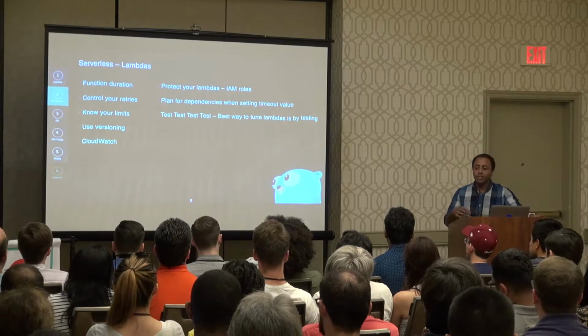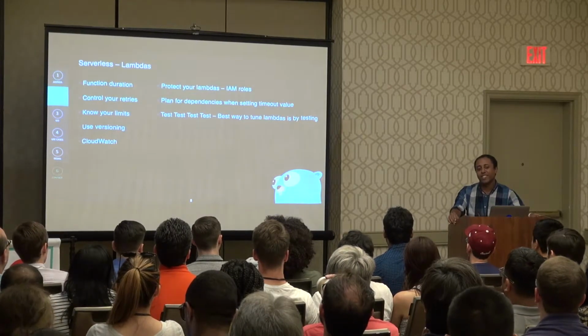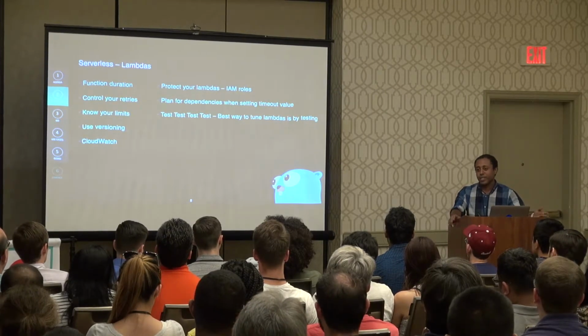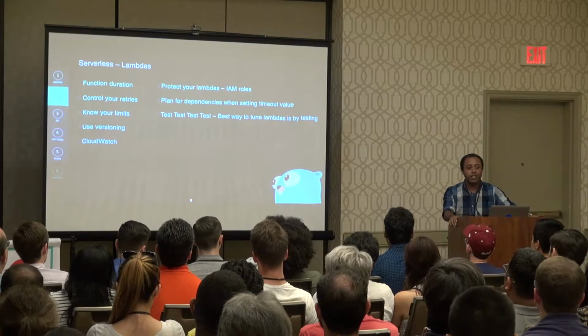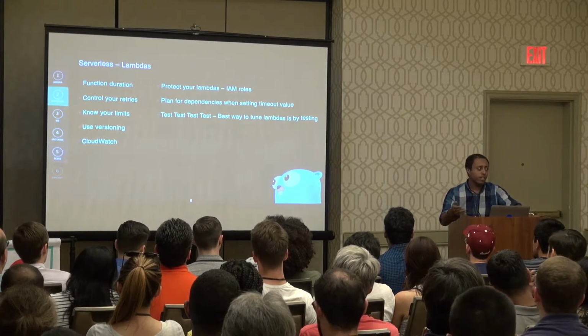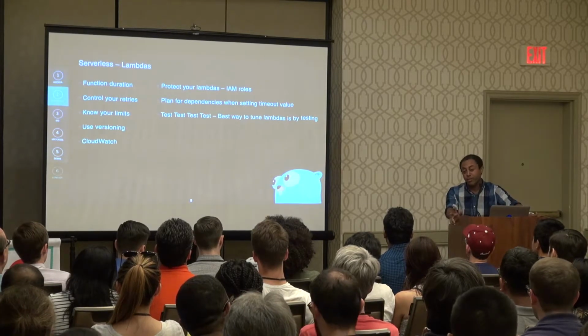So you have to pay attention to a lot of different things than in a normal application. There are function duration limitations, for instance, which is another reason why you want to break down your applications, because at least I know for Amazon's Lambda functions, max runtime is 5 minutes.